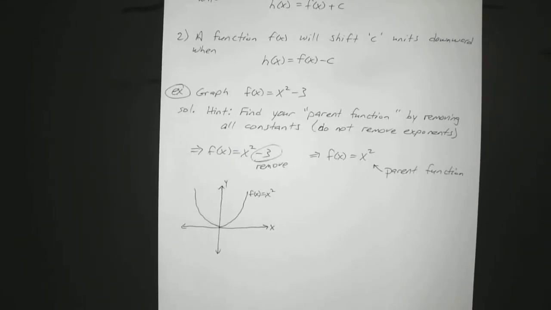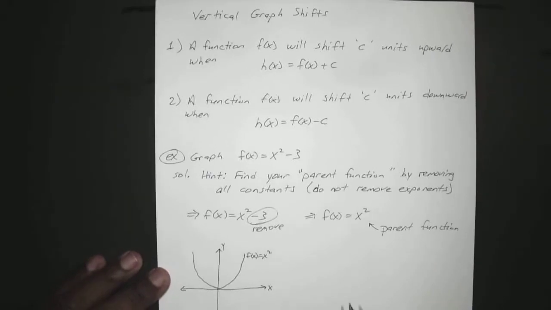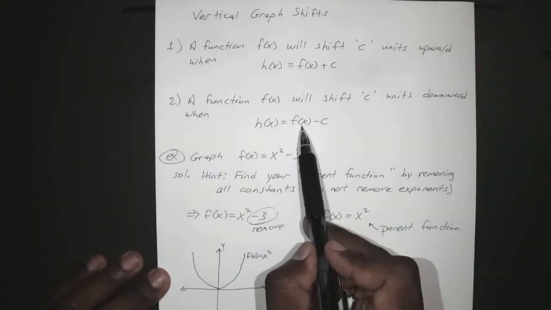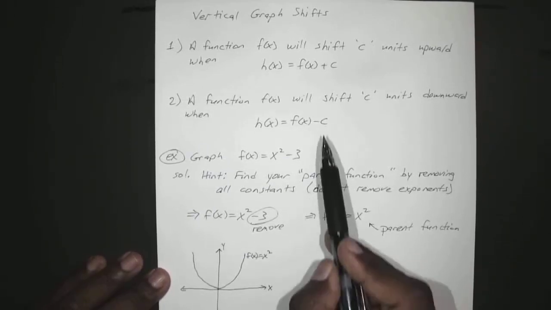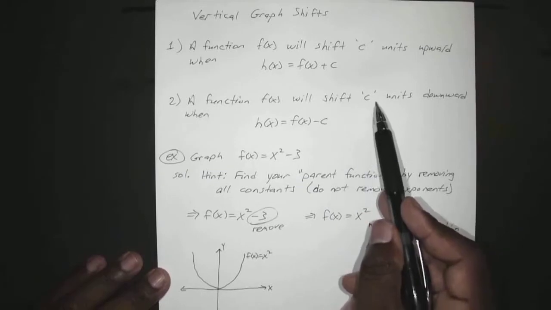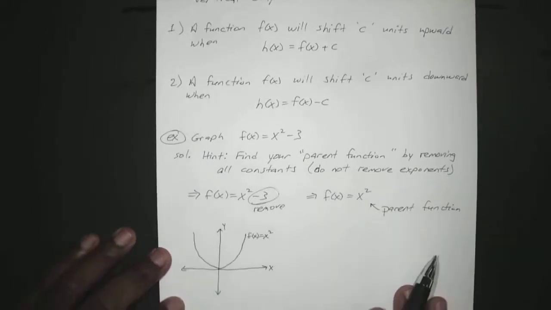Okay. Now, since we know x squared minus 3, we'll shift it 3 units down just by the explanation up here. So if you have f of x minus c, so this f of x is our x squared, minus 3 would mean it would shift c units downward.